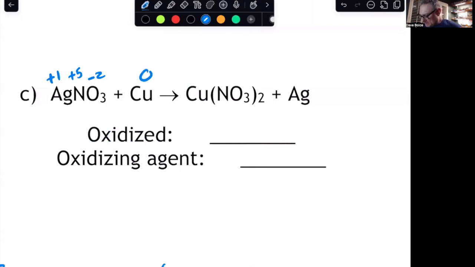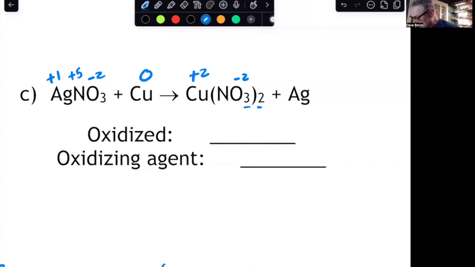Copper Cu all by its lonesome. Now, in this case, now that it's in a compound, I can trust it because it's a +2 because it's an alkali earth metal. So there you go, +2. Oxygen, -2. And in this case, I have 3 times 2. So I have 6 oxygens. Each one's a -2 charge.